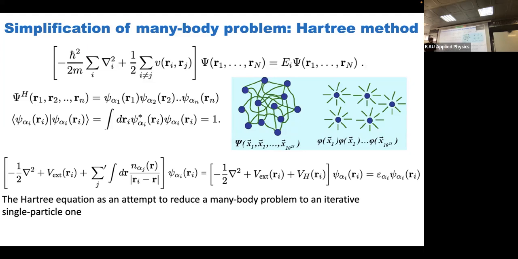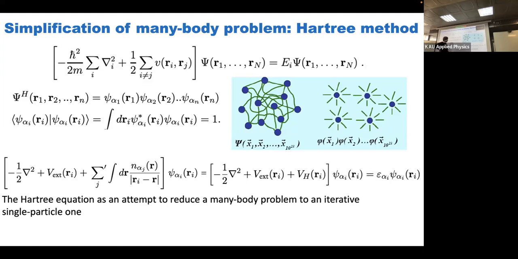And then we have this Hartree term, the integral of n alpha of r' divided by |r' minus r|. So it's just Coulomb law for electron interactions. And we can solve it iteratively.